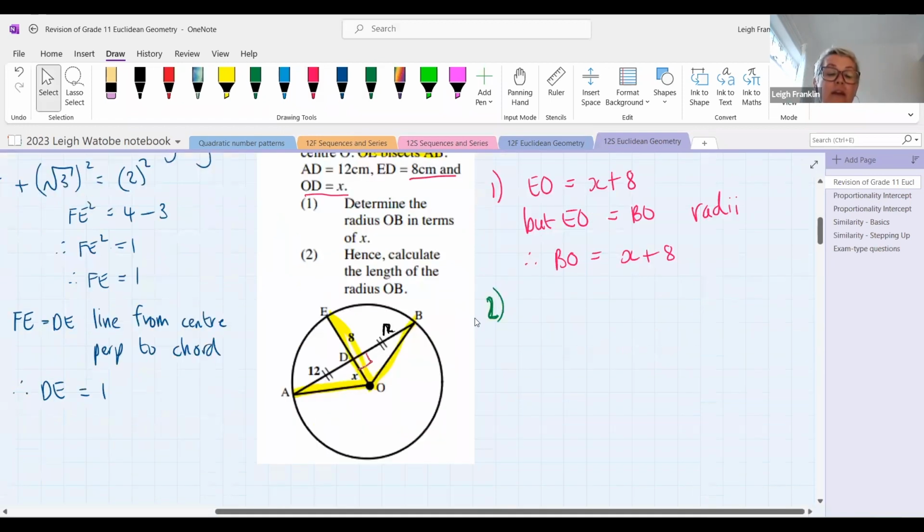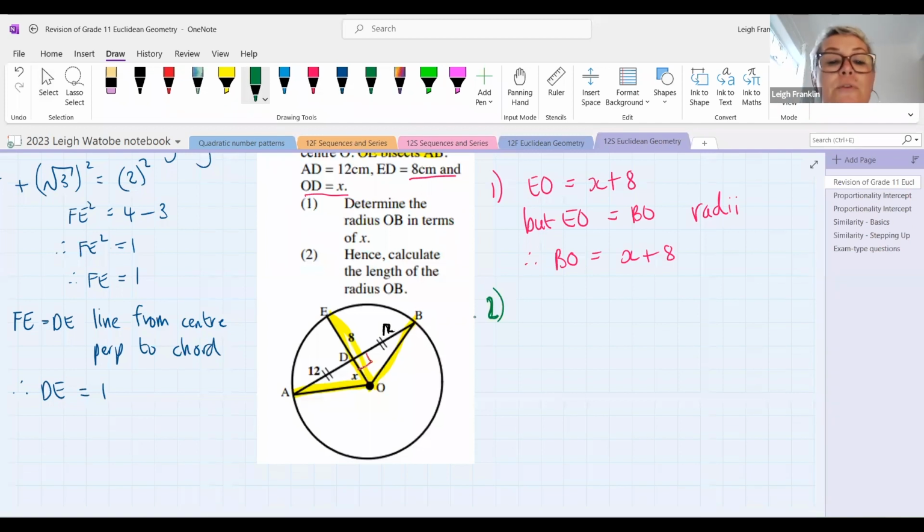Hence, calculate the length of the radius OB. So now, Nkoneza, this is, I think, what you were trying to ask me, all right? I cannot apply the theorem of Pythagoras to a triangle that I don't know for sure is right-angled. So if I need to work with the theorem of Pythagoras to solve something, in this specific situation, I need to prove the triangle is right-angled first, because I cannot apply the theorem of Pythagoras to a triangle that's not right-angled.